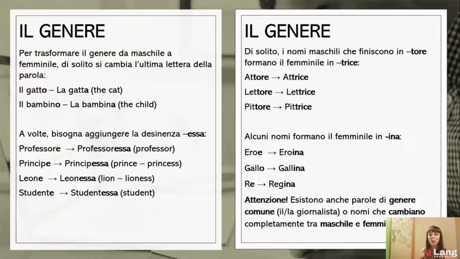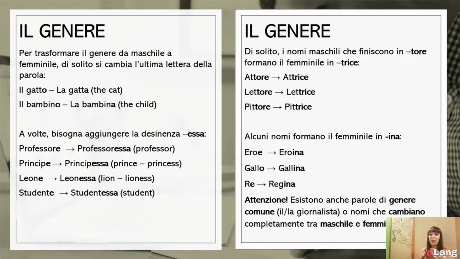Unfortunately, there is no rule to know how a word changes when it changes the gender. So my best advice is to use the link that I touched at the end of the first lesson, the dictionary link, and just search on the internet or anyway, you need to learn them by heart. There is no other way.